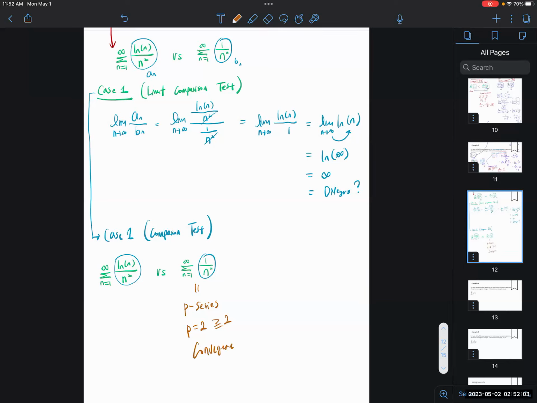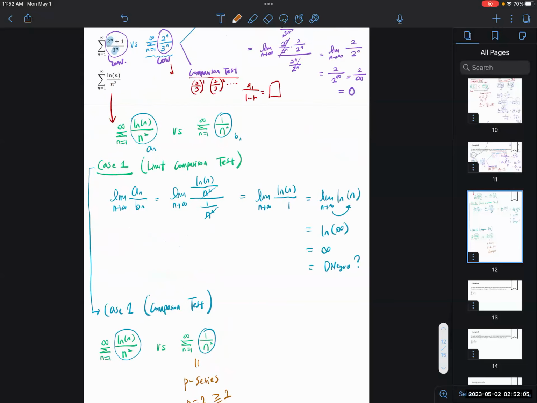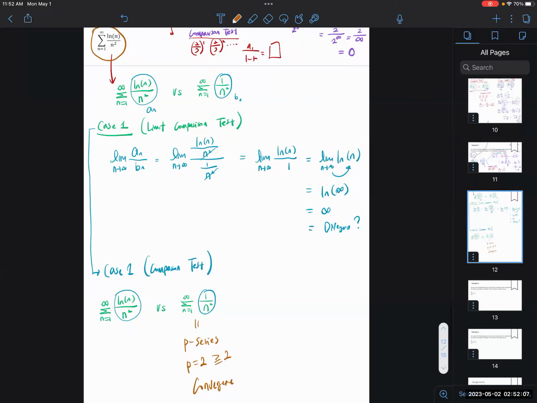So what I'm saying is, in this example, when you are using the comparison test, the answer is convergence. But when I'm using the limit comparison test, it is a divergence. So you have something in trouble. They have a contradiction now. I told you both the limit comparison and comparison tests should give you the same answer.